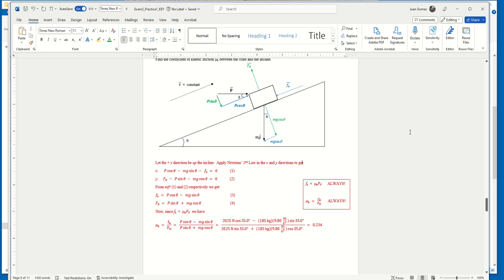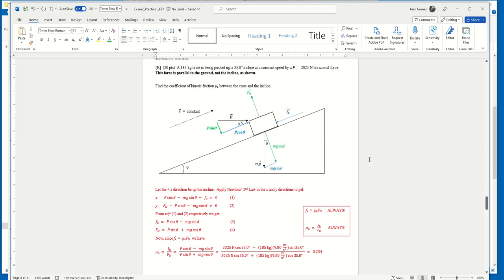Now, on an inclined plane problem, you'll never have an acceleration in the y direction. So I know that Fn minus P sine theta minus mg cosine theta has to equal 0, because there are three forces acting on the crate in the y direction. Fn is positive, P sine theta and mg cosine theta are negative.